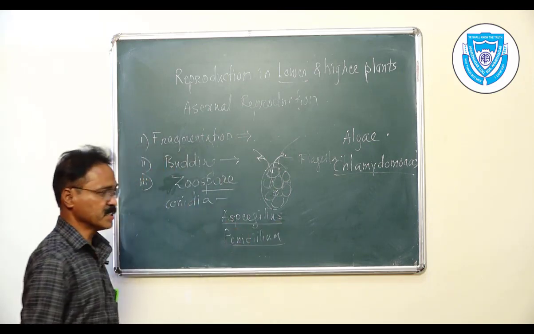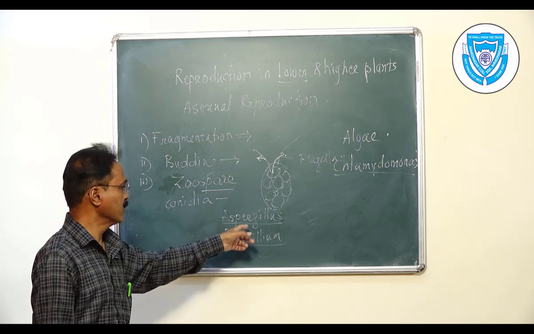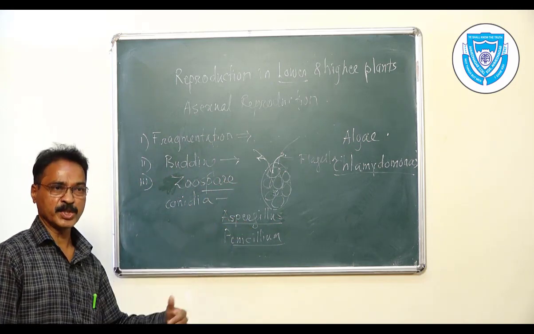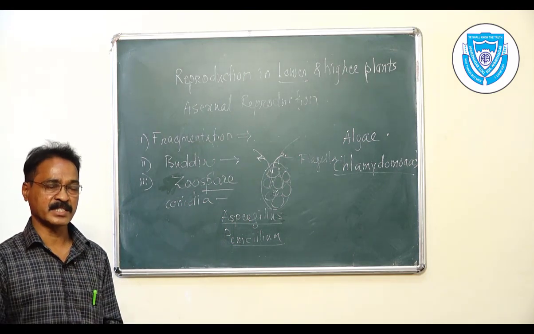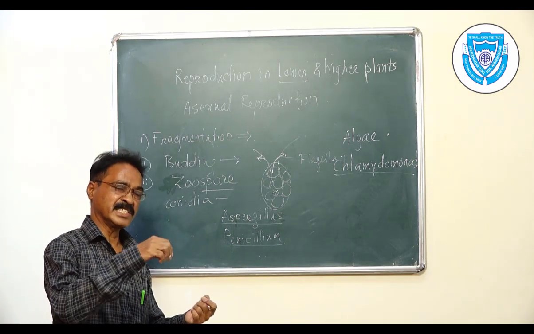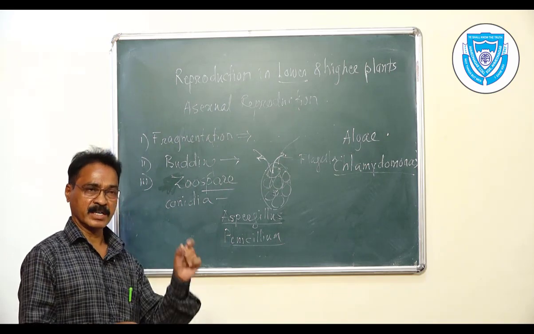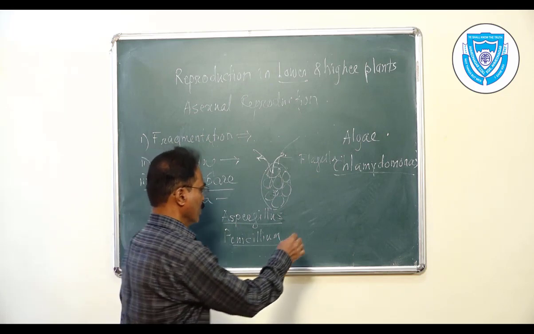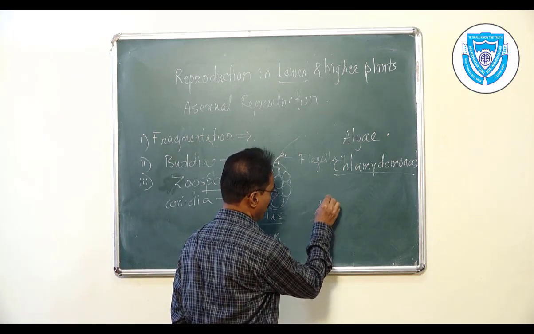Aspergillus and Penicillium-like members, which belong to the fungus group, reproduce by formation of conidia on special bottle-shaped cells known as sterigmata. On the sterigmata, these small structures are produced in ascending order.